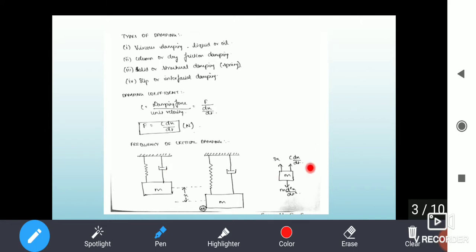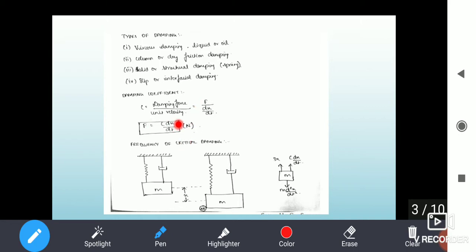So what happens here is there are two forces acting. One will be an accelerating force which is pulling downwards. The accelerating force is denoted with the help of m d square x by dt square, and the resisting force is denoted by s into x. So s denotes stiffness and x denotes displacement. The damping force is denoted by C dx by dt, where C is the damping coefficient and dx by dt denotes unit velocity.